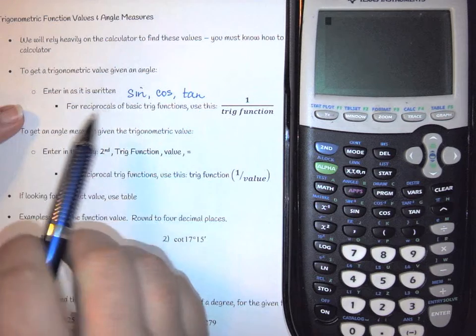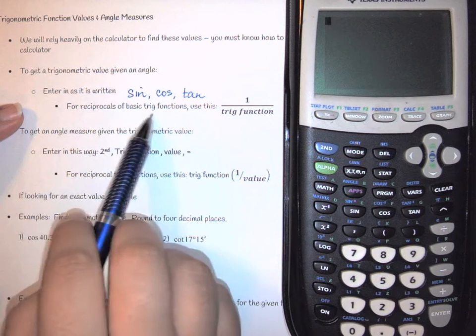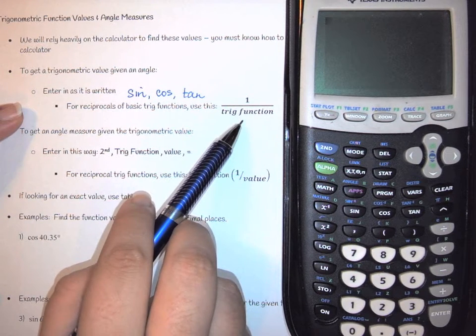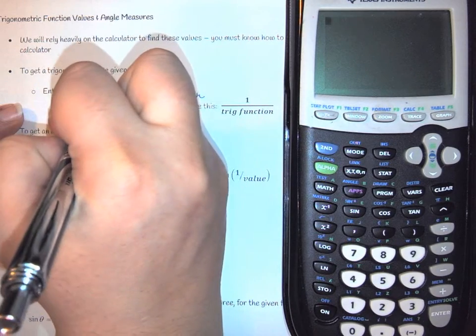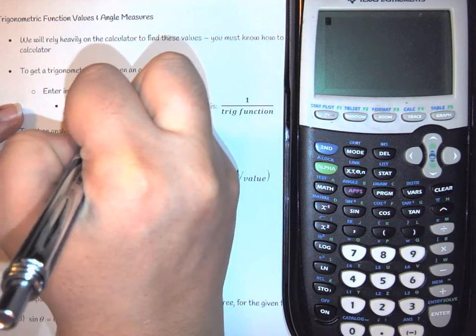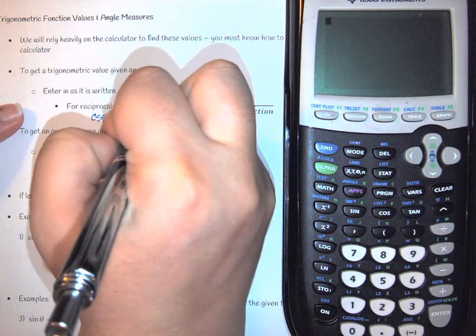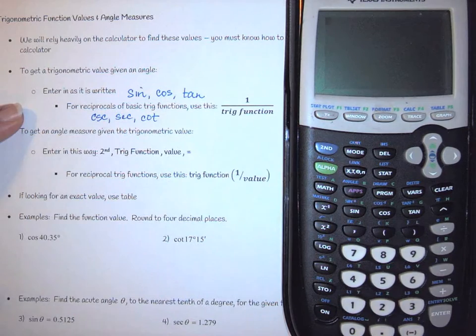Now, when we're talking about reciprocals, we have this 1 over the function. So the reciprocals would be things like the cosecant, the secant, and the cotangent.